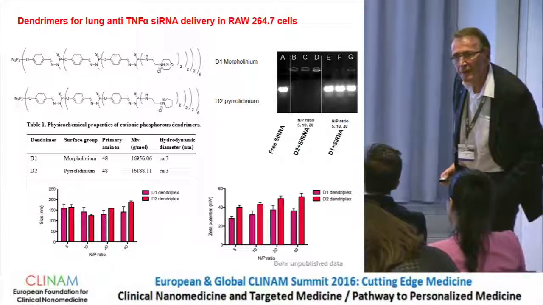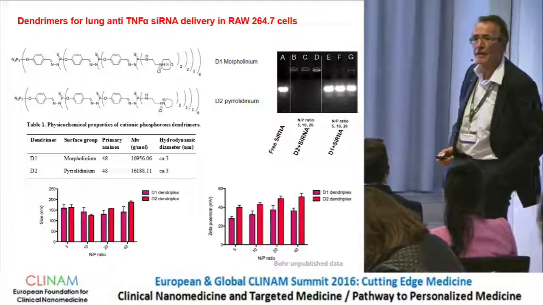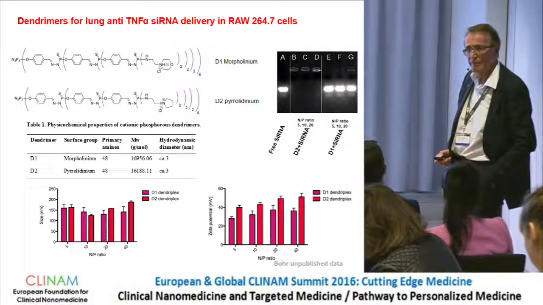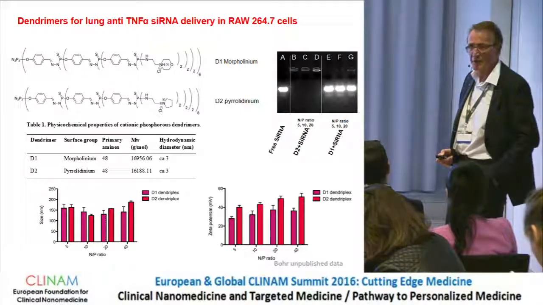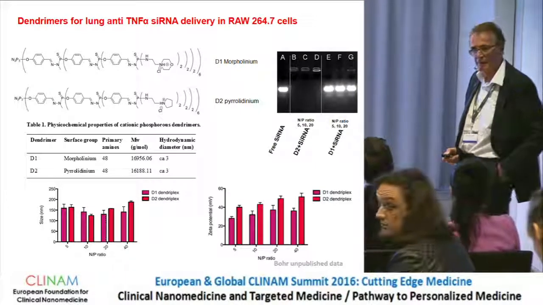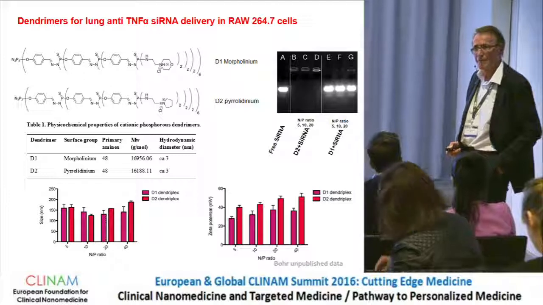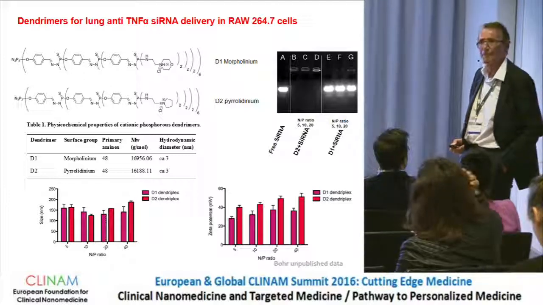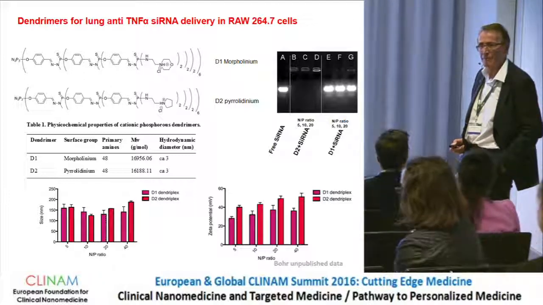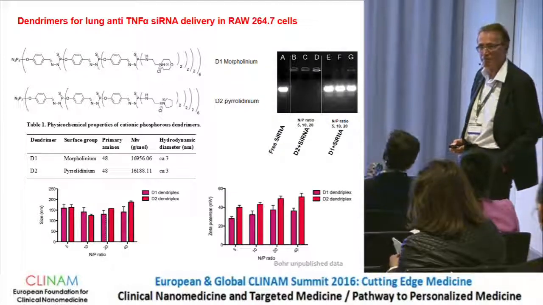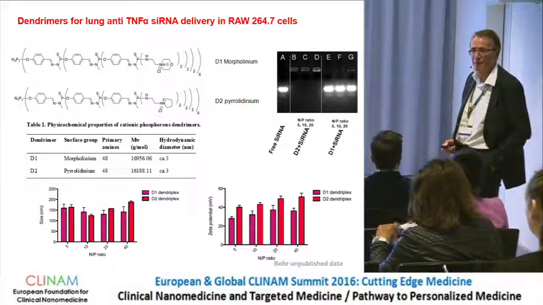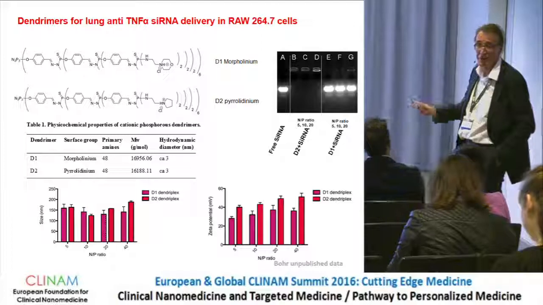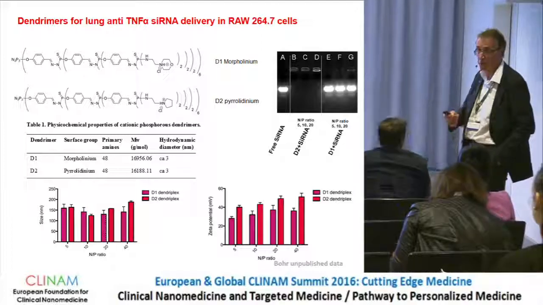No, absolutely no. And you went intravenously with these dendrimers? Yes. It's quite surprising because I work with dendrimers in the liver, and it has enormous tropism to the liver. Not in this case. Okay, fascinating. It was surprising for us too.